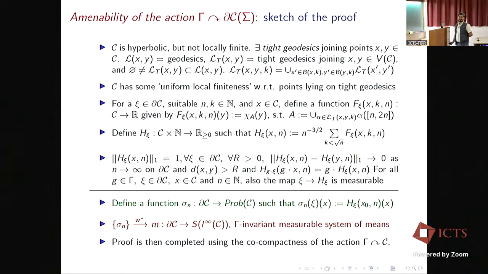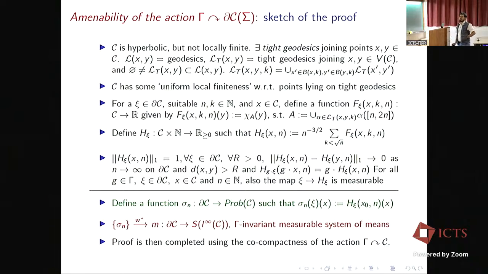I mentioned this proof in this detail because it helps us see how we can avoid the difficulty that we come across when the space is not locally finite. So this is a good example. Here, Kida has obtained this by considering tight geodesics. I wanted to mention that.